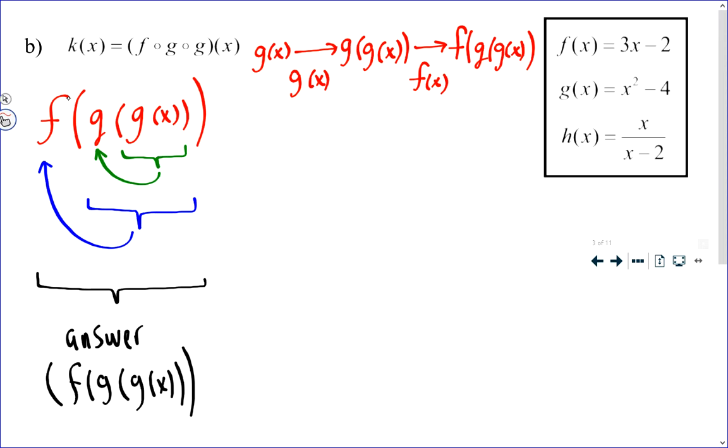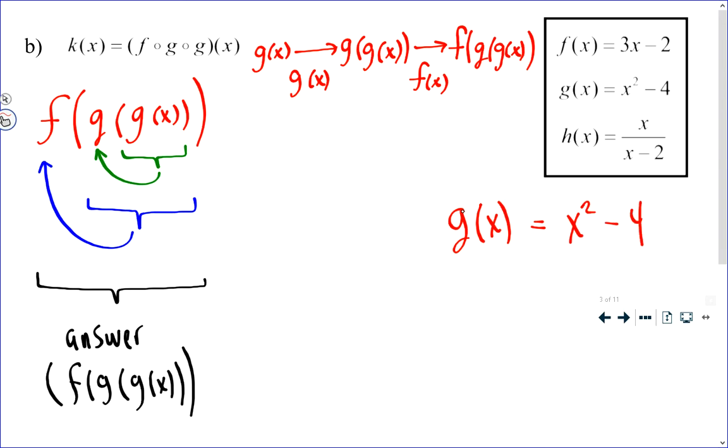So that means that we have to take, and this is a little bit wacky, let me write out what g of x is. G of x is x squared minus 4. We have to take x squared minus 4 and put it in for x in the function x squared minus 4.